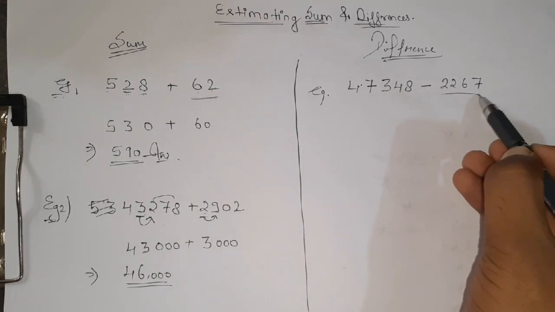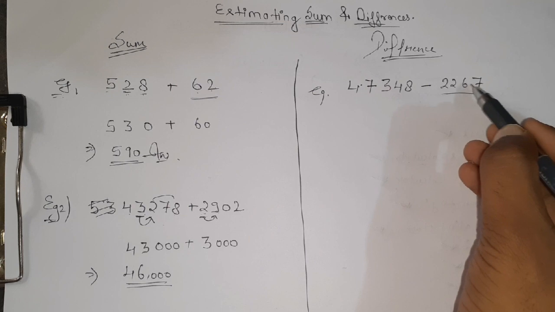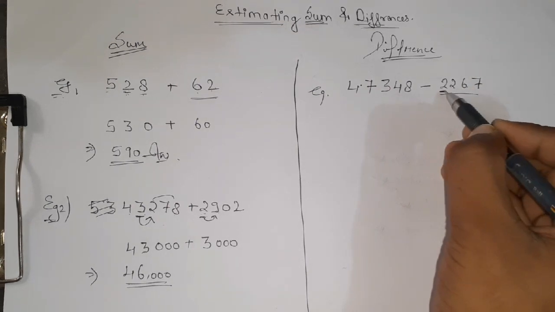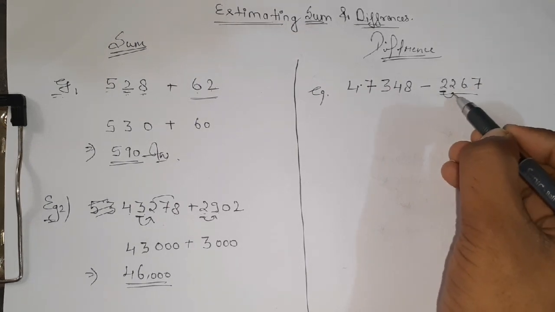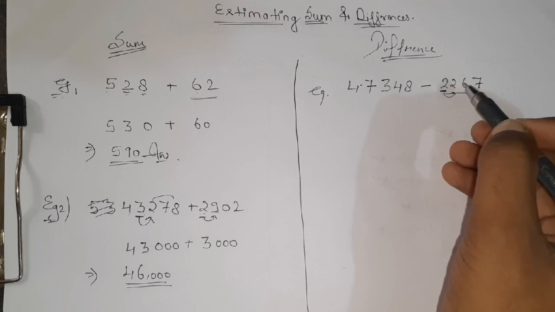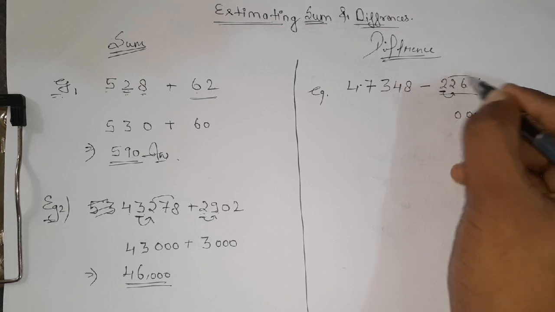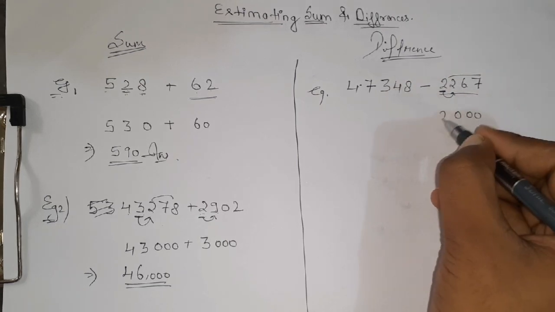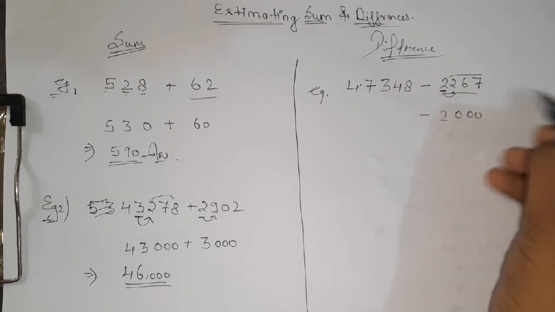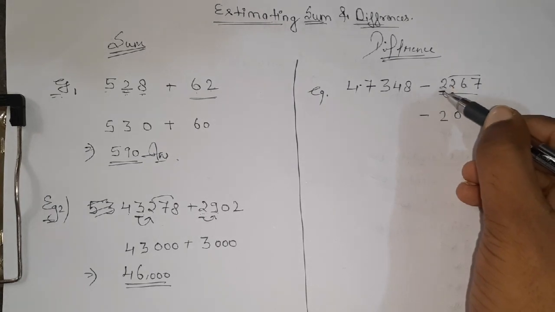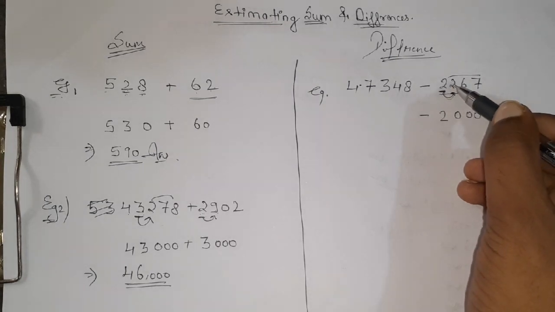This is the smaller number, and up to which place is it? Ones, tens, hundreds, thousands, so this is the thousand place. After that we have 2, which is less than 5, right, student? So we replace the last three digits with three zeros, and we write 2 here, because the digit next to it is less than 5.